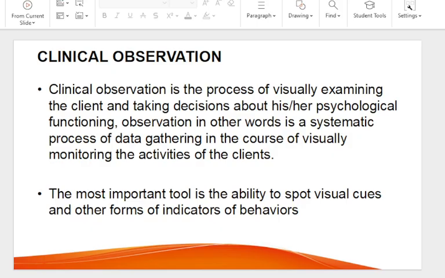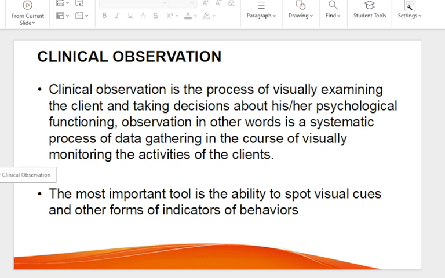The most important tool for us in clinical observation is our ability to spot visual cues, to see that which is portrayed through movements, through speech, through slips of the tongue and the likes. So what exactly is going on covertly through overt processes? We are trying to make inferences about the covert operations by monitoring the overt ones.